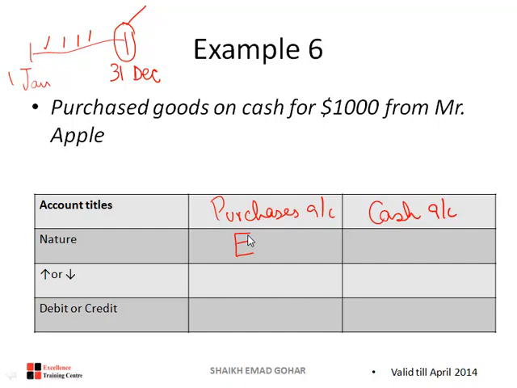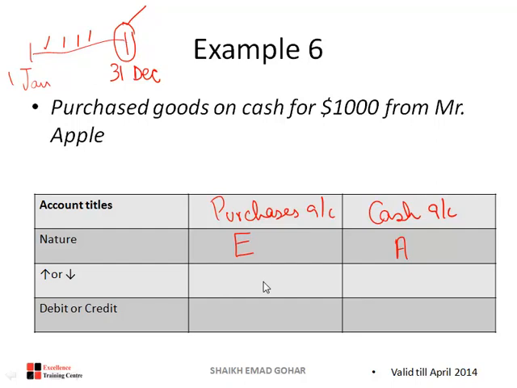What about the cash? Cash is my asset. I am purchasing something this time. So when you are purchasing something, your expense is increasing or decreasing? I think so, increasing.